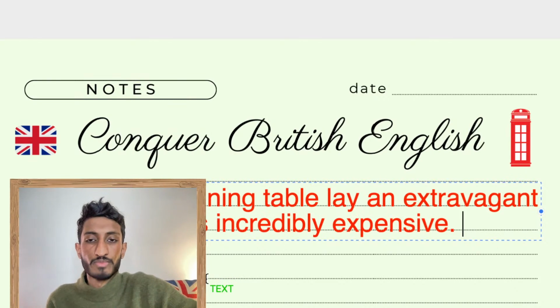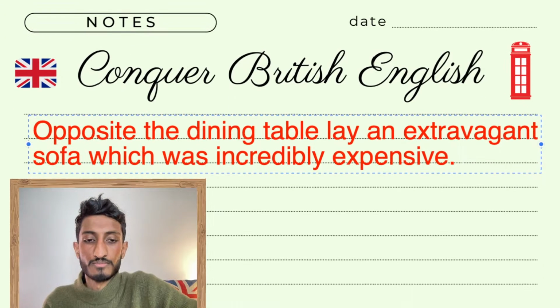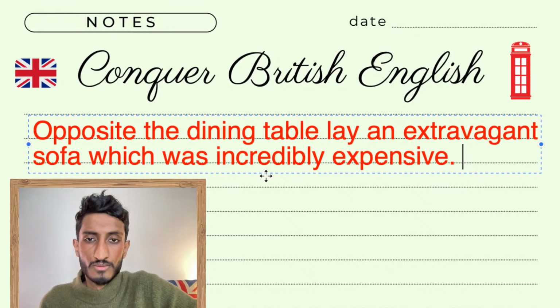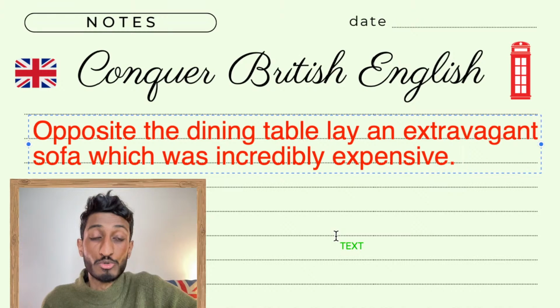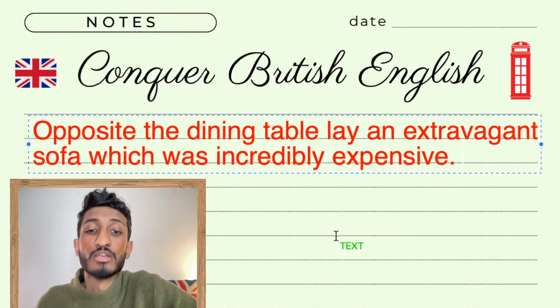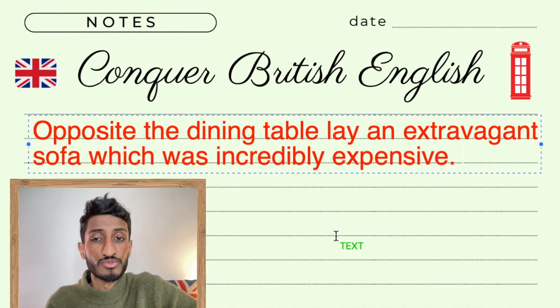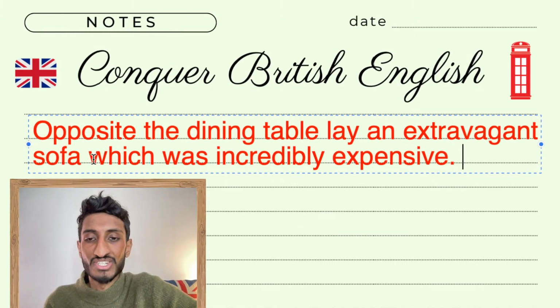Okay, so let's take a look at this one. Opposite the dining table lay an extravagant sofa, which was incredibly expensive. Let me read this out in the Indian accent. Opposite the dining table lay an extravagant sofa, which was, do you see the which, the W sound turns into a V sound, so which was incredibly expensive.